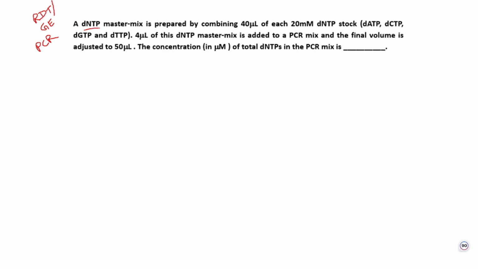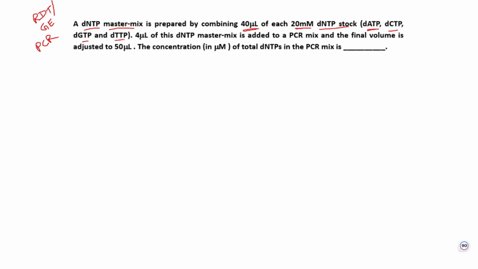dNTP master mix means it is a mixture of various dNTPs, deoxynucleotide triphosphates, and is prepared by combining 40 microliter of each 20 millimolar dNTP stock. So you have a dNTP stock, and this contains each of the four types of deoxynucleotide triphosphates, dATP, dCTP, dGTP and dTTP, and the concentration of the dNTP stock is 20 millimolar.